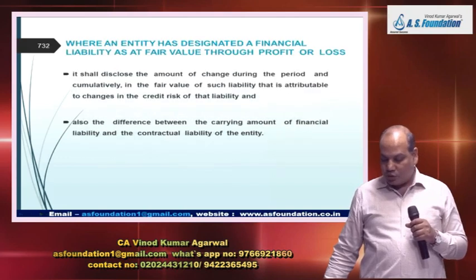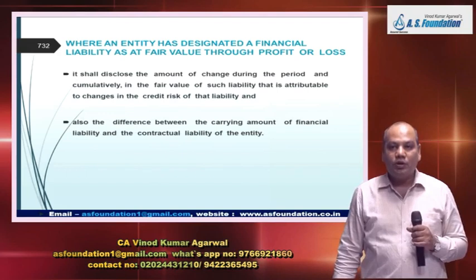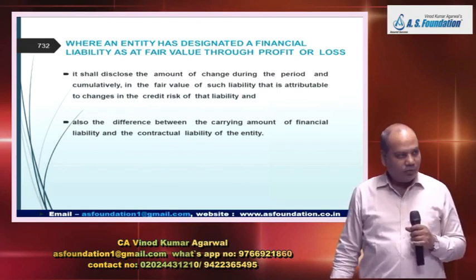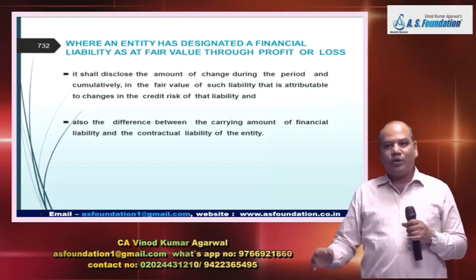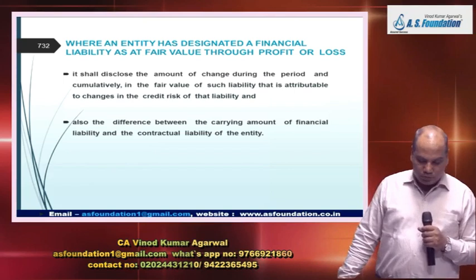So you have to make these 3 disclosures for those instruments which you have categorized as FVTPL, which otherwise could have been categorized as FVT OCI or amortized cost.